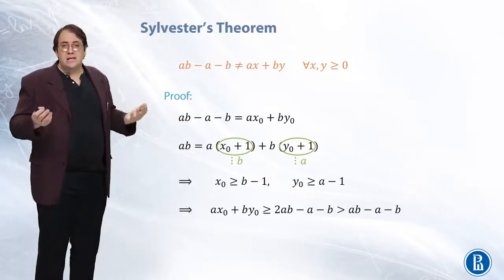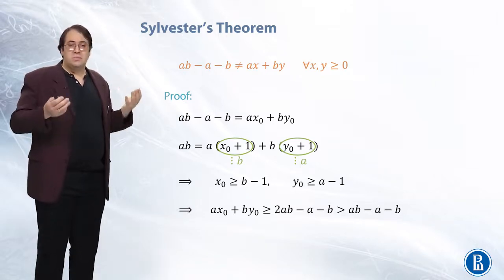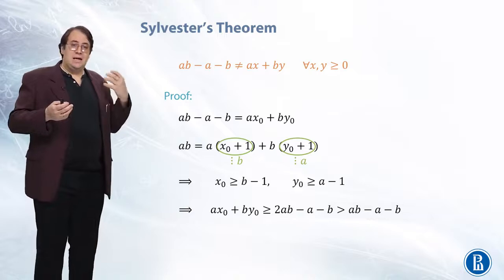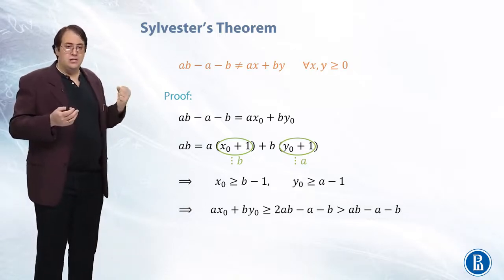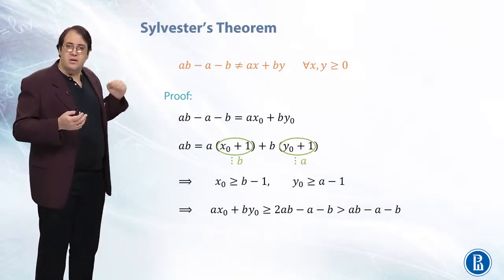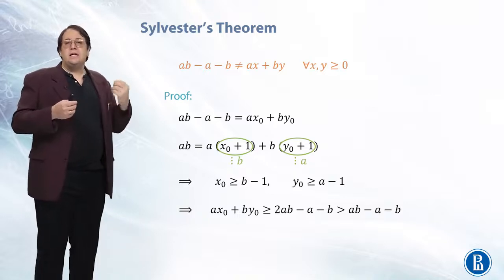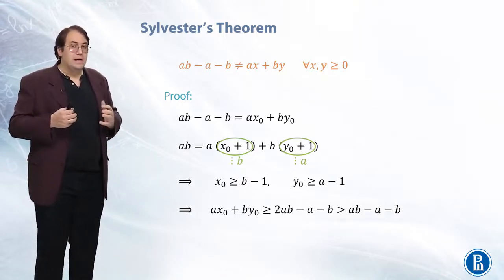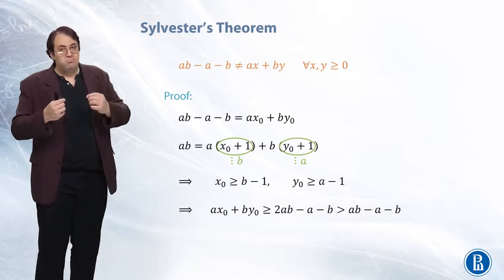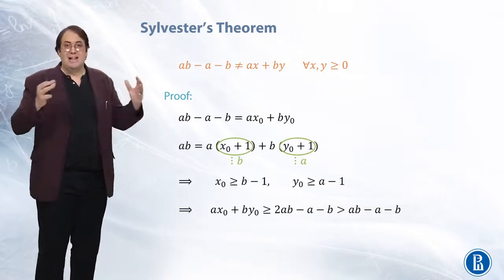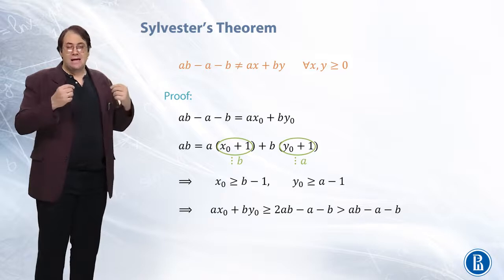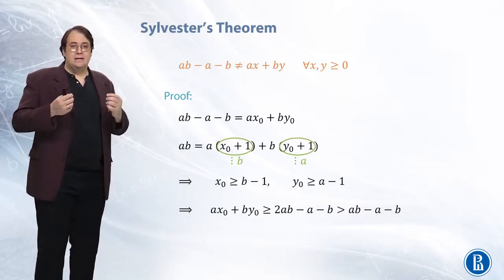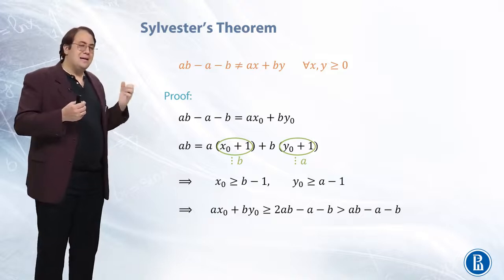Suppose that it is equal to something like ax plus by, and suppose that this x is x0 and this y is y0. So ab minus a minus b, the first line of the proof, we set equal to ax0 plus by0. Then just transform this equality by taking a and b from the left-hand side to the right-hand side, and take a look at the second line of the proof.